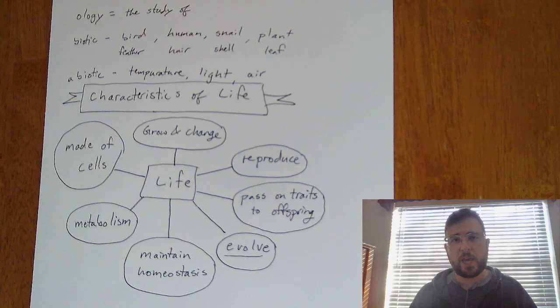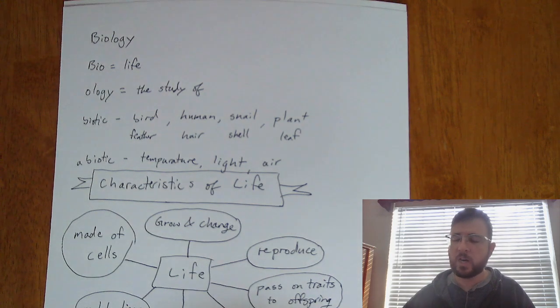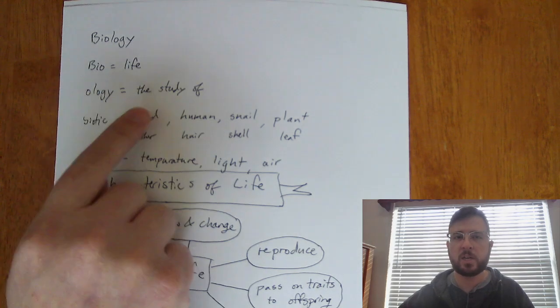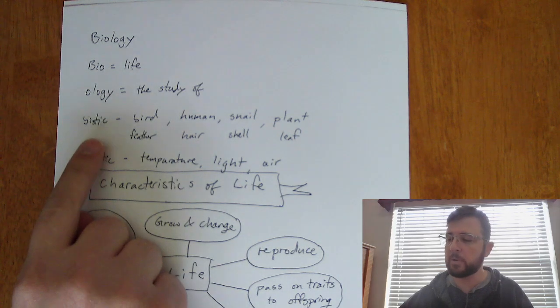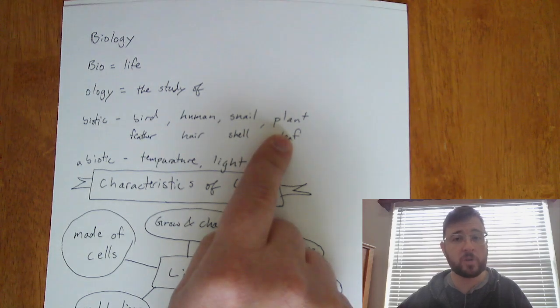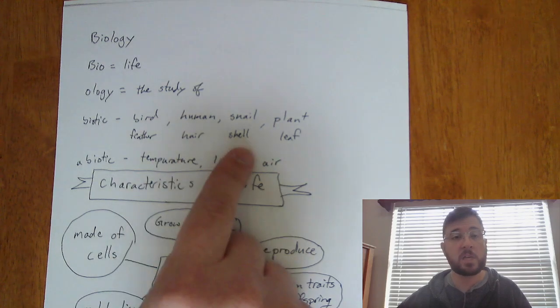So that's it for today. We've covered what does it mean to be alive. We talked about how bio means life, and ology means the study of. We talked about biotic things, or biotic factors, like birds and humans, snails and plants, and the things that they make are also considered biotic: feathers, hair, shells, leaves.